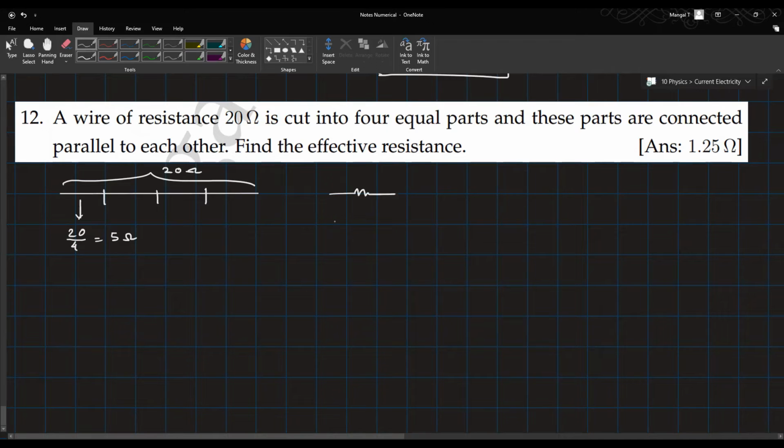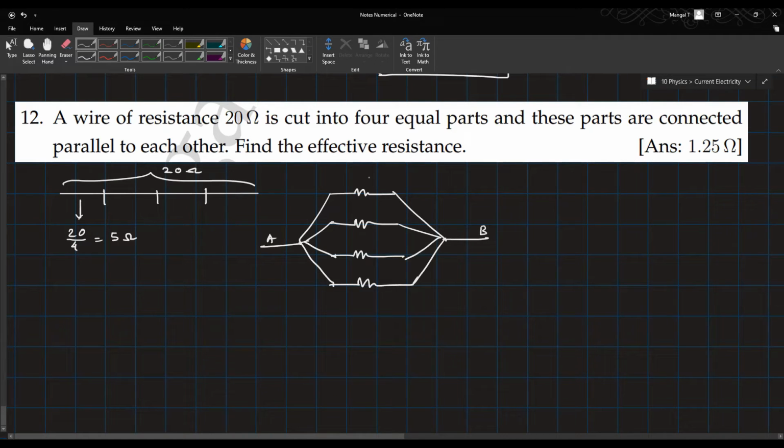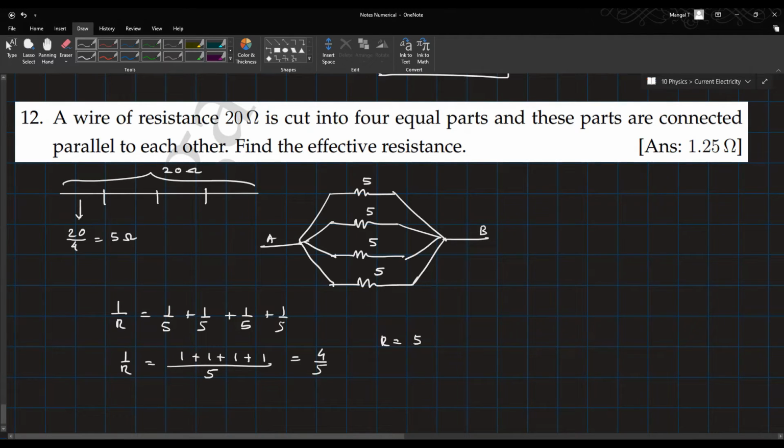So this is point A, point B, and this will be 5, 5, 5, and 5. So the effective resistance is 1 upon 5. The resistance will be 5 by 4, which will be 1.25 ohms.